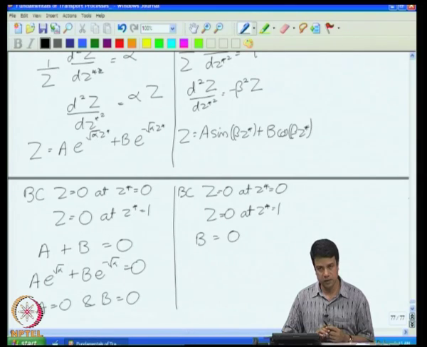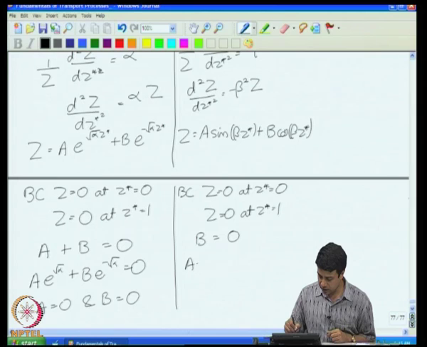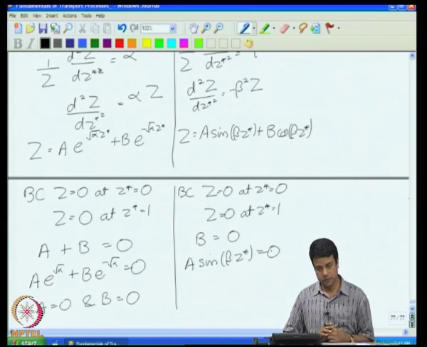So, b has to be equal to 0. At z star is equal to 1, since b is already equal to 0, I require that a sine of beta z star has got to be equal to 0. One option is of course that a is equal to 0, in which case I do not get any non-trivial solutions. Once again, I get just the trivial solution.